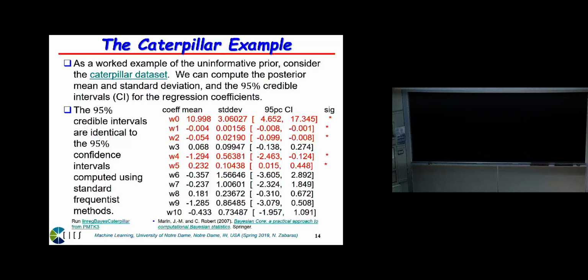And these intervals are extremely important because if you look at some of these intervals that I mark here with stars, they don't contain the value of 0. And you know what that means? The coefficients that are marked with a star are important. The other ones that cross the value of 0, on average, are basically 0.